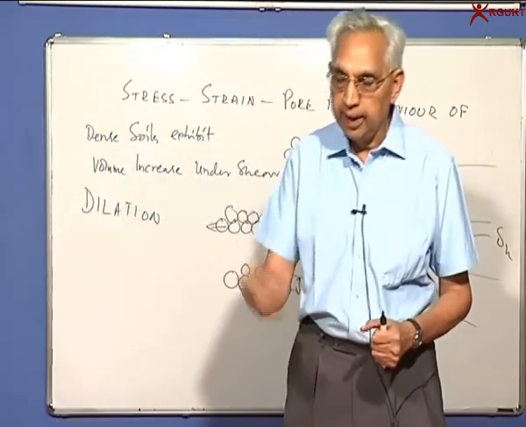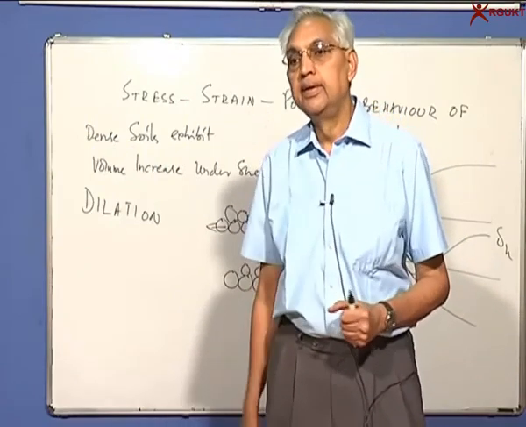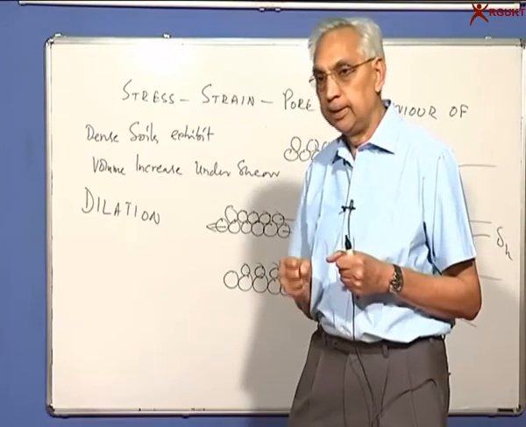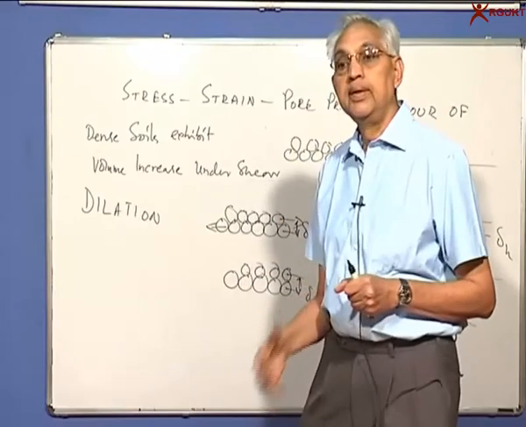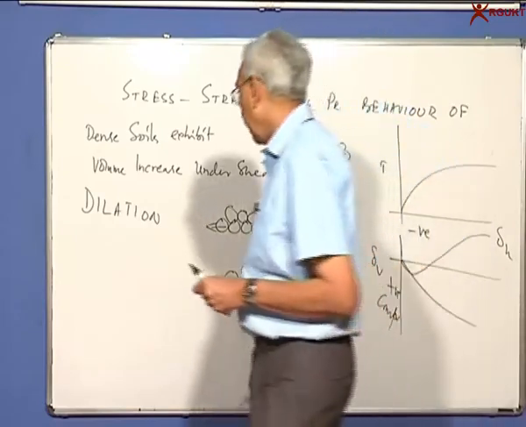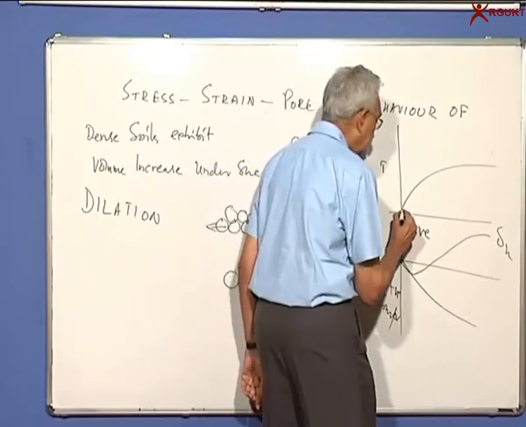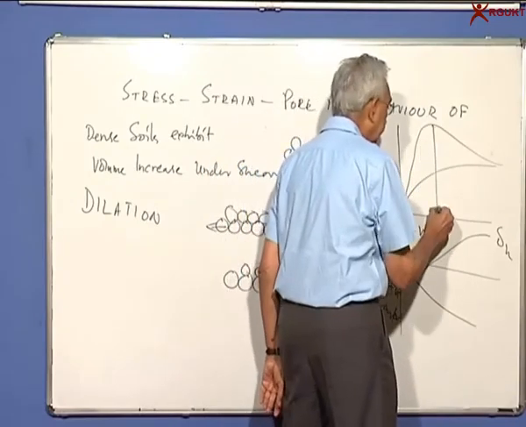Anything that expands is called dilation. When you go to an eye doctor, he puts a liquid in the eye so that the iris, the part of the eyeball that light goes into, becomes larger. That process is called dilation. Dense soils exhibit dilation and the volume increases. So because of that, the maximum stress is very high.